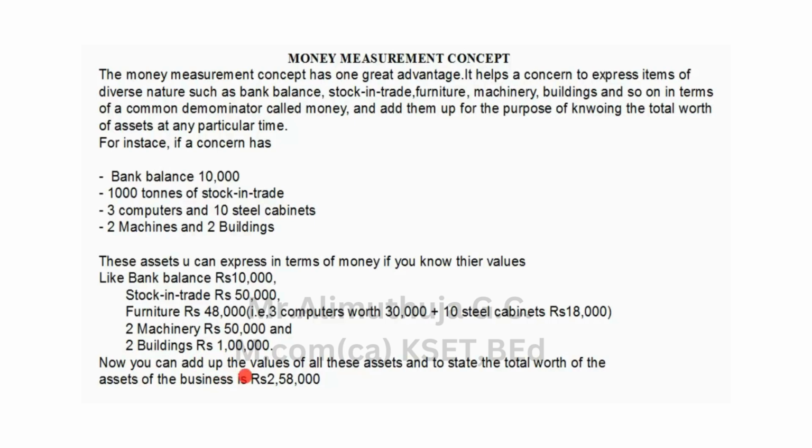Now you can add up the values of all these assets and state the total worth of the assets of the business, that is 2,58,000. This is how you can measure all the assets, and also liabilities, expenses and revenues, in terms of money. If it is in India, then it is in rupees. If it is in the USA, then it is dollars, or any other country, their respective currencies. So this is regarding the money measurement concept.